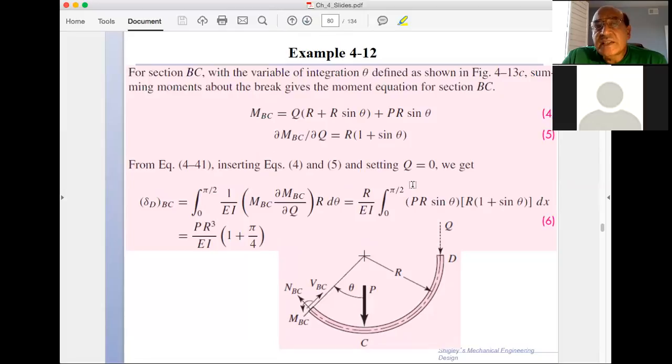And usually we can convert it to the 2 theta formula, and then we do the integration. So if we have access to an integration book, we could use it. Else, if it is on a test, then we would get the form of the integration. So once we put it here, we get 1 plus pi over 4 multiplied by PR cubed over EI.